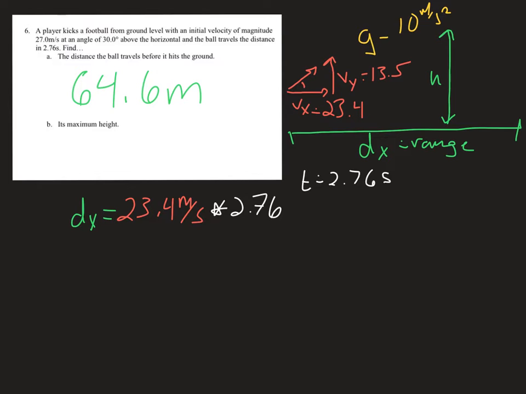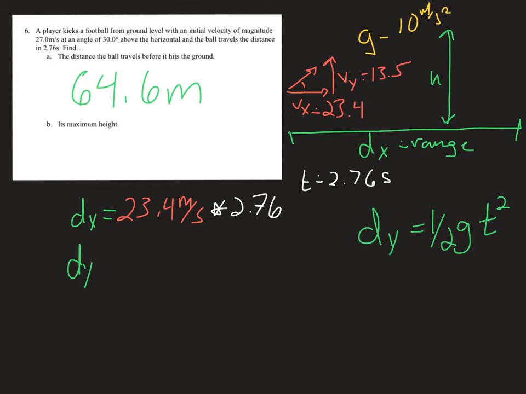Now I need to try and find the height. I need to use a calculation that we've used a number of times: the distance in the y is going to be equal to 1/2 gt squared. A lot of times, this is why we use 10, because it will make our life a lot easier.